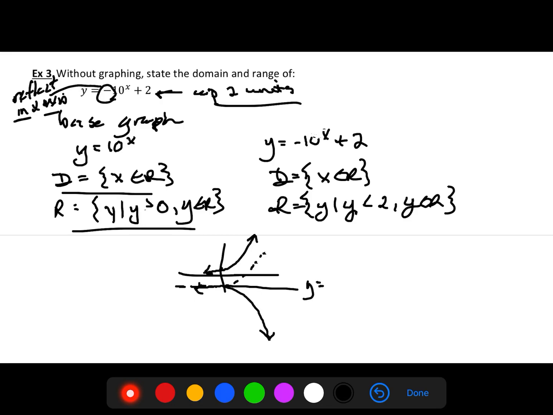So it does make sense that our asymptote is now at y equals, should be up 2 and should be at y equals 2. So our graph should be up here. Okay, sorry about that. So shifting up 2 and reflecting means that our asymptote is up here at y equals 2.